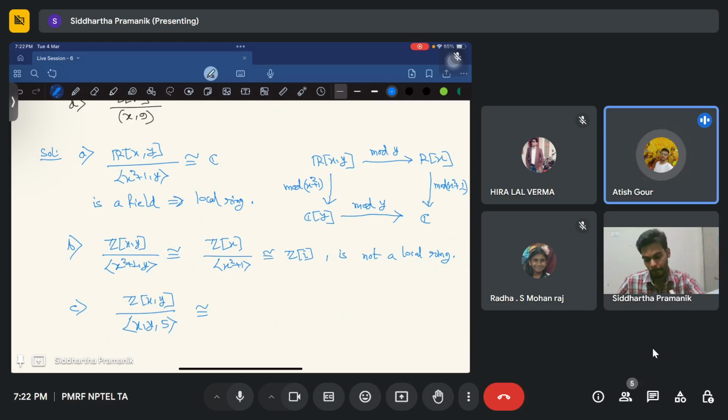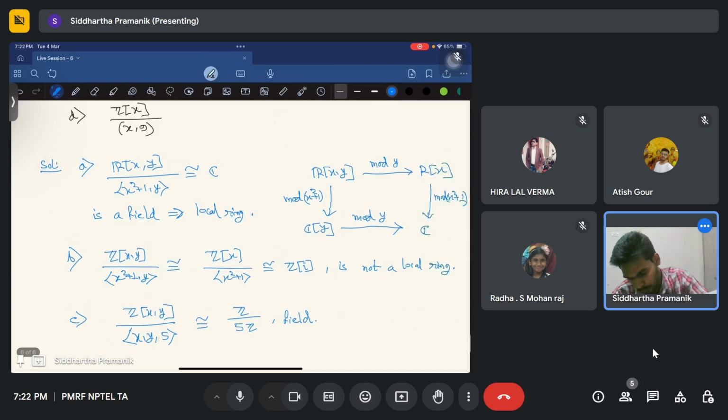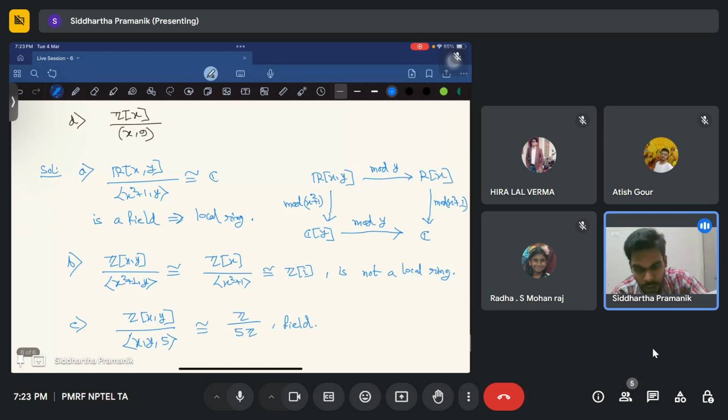It will be basically Z mod 5Z, and it is a field. So it will be a local ring. Here you can go modulo by any one of these three in any order. That does not matter, but you have to do the reduction carefully. You need to check the image.